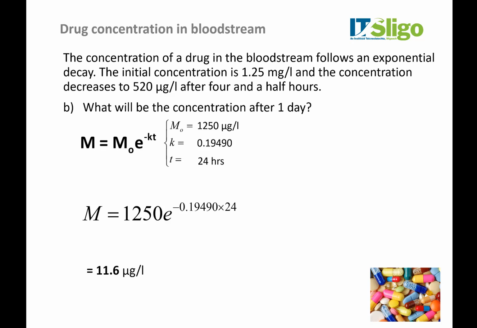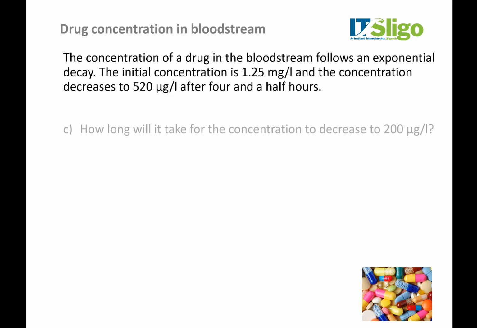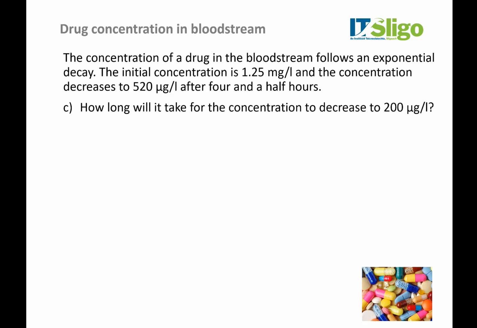So that's part B. And part C, how long? As soon as you see how long, we need to have manipulated our function for time. I did that back on the previous slide. And again, we feed in the values from the question. M0 is still the initial concentration. Now, the new concentration, this is what we're interested in, the 200 micrograms per litre.